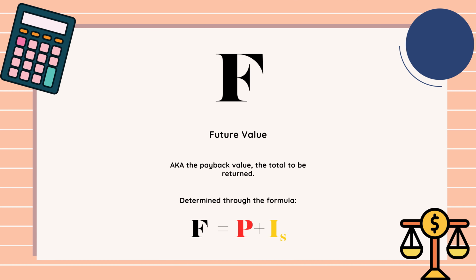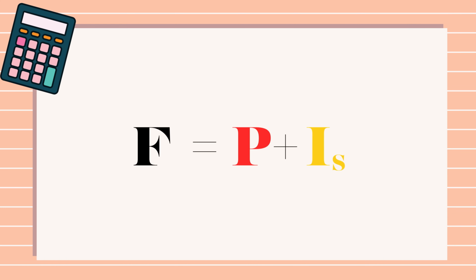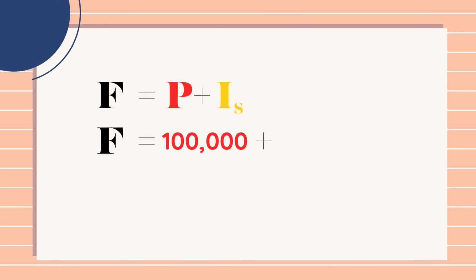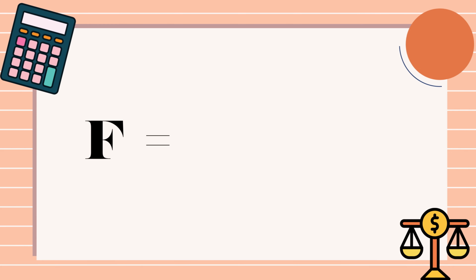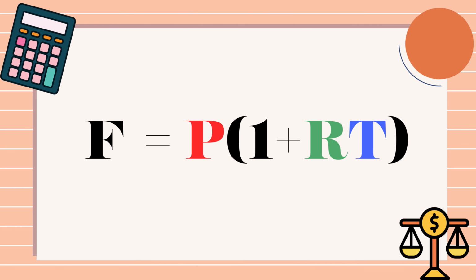The future value, or the amount in other textbooks, shows us the total sum of our principal value and the simple interest. For our given, it was 111,250, but how do we solve this in a faster way? We can obtain the future value by using the formula P(1 + RT), where P is the principal value, R is the rate, and T is the time.